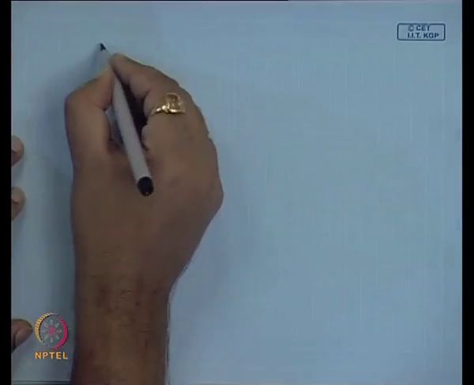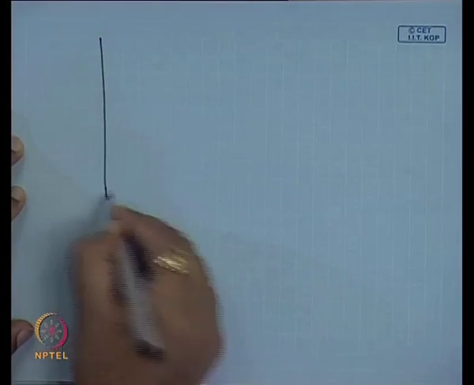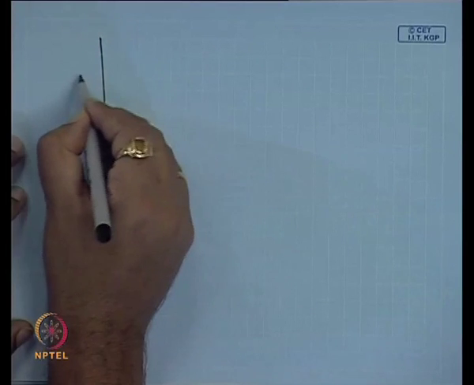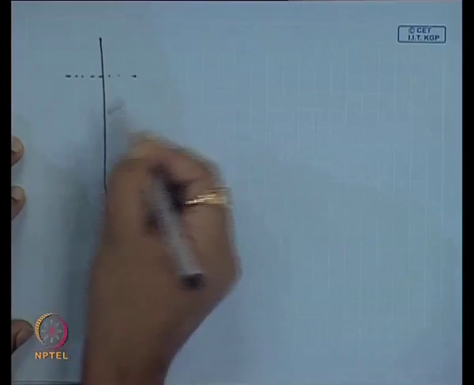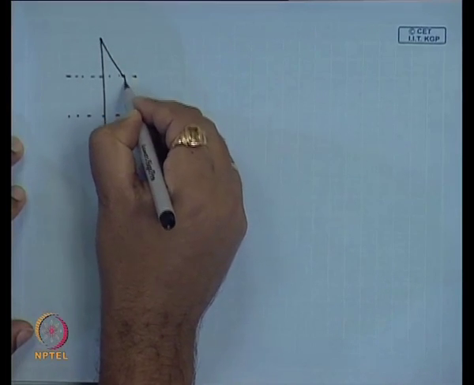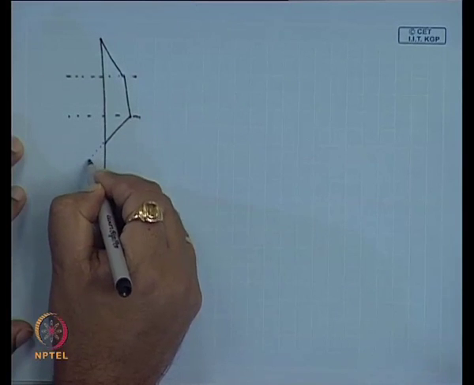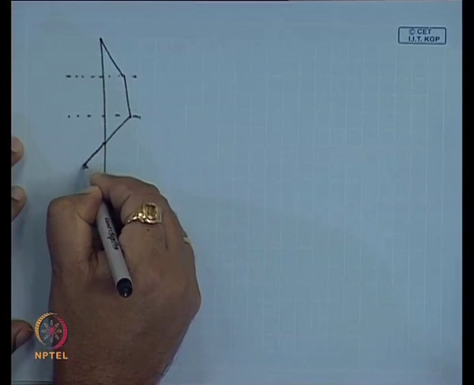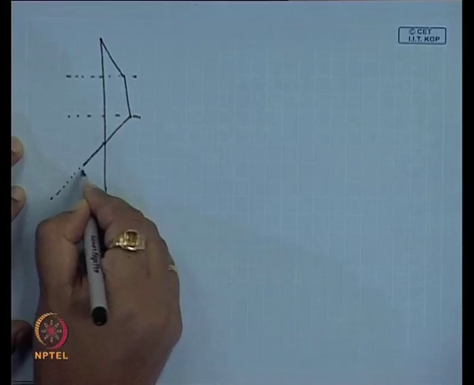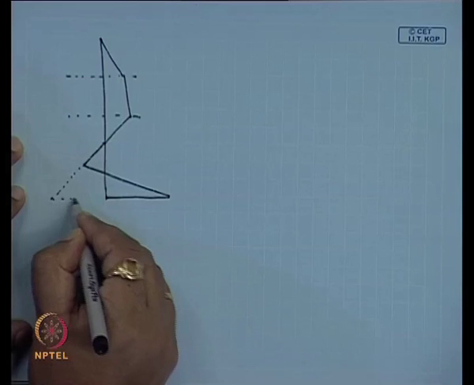Now, again if I draw this diagram, this is the water table level, that is the dredge level, and this is the base level.